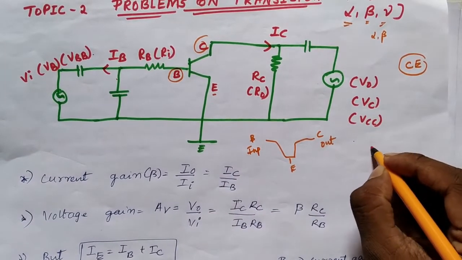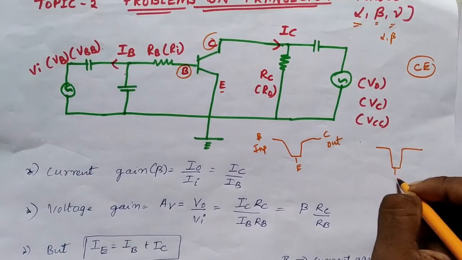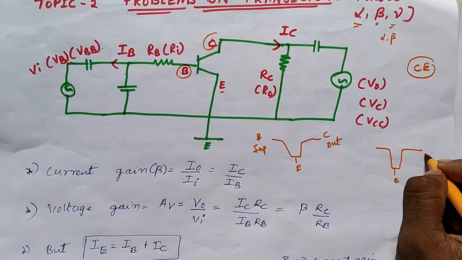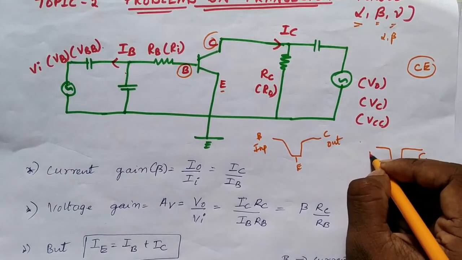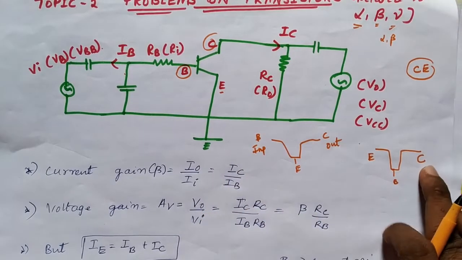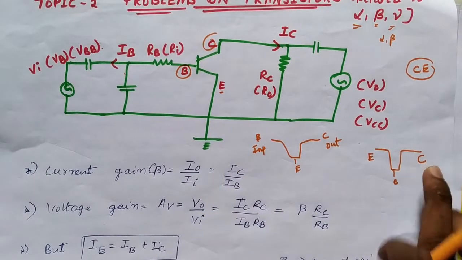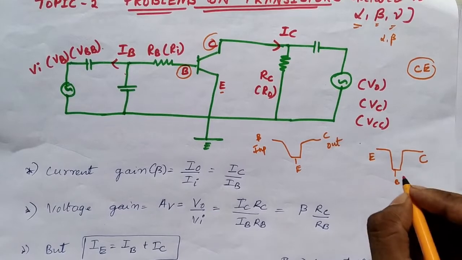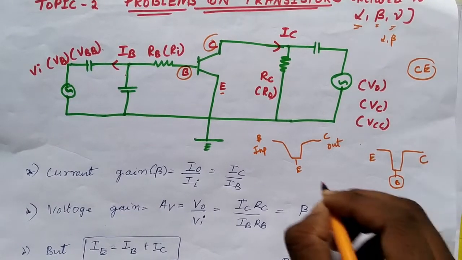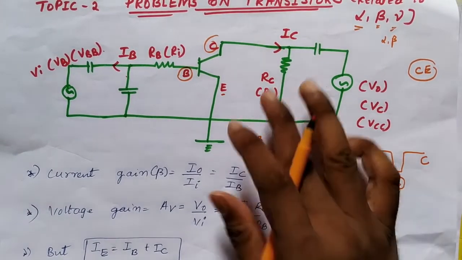Correct? Yes. In a common base type of setup, collector is output and emitter is input. What is output? Collector is output and emitter is input. Okay, so this is common base kind of setup and this is common emitter kind of setup.